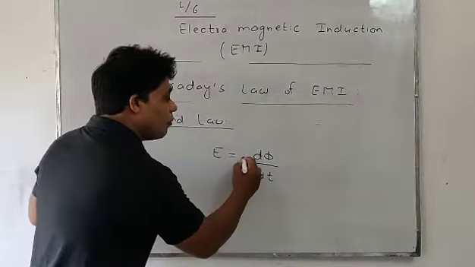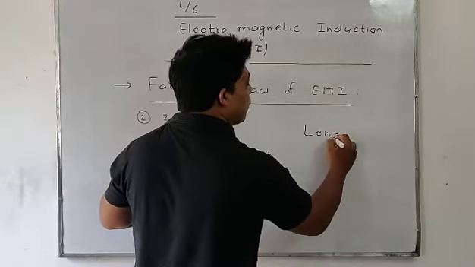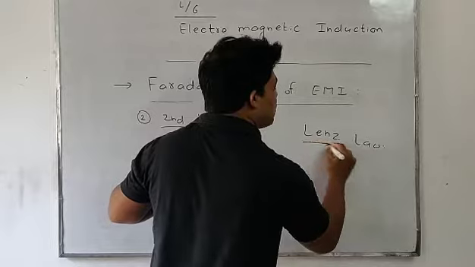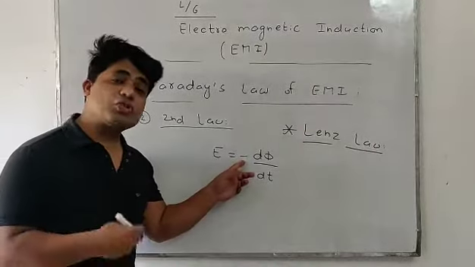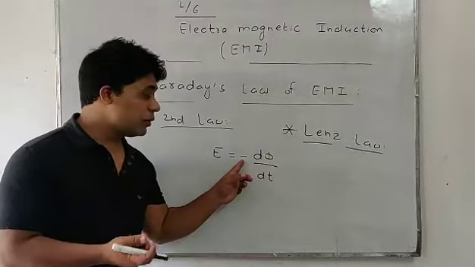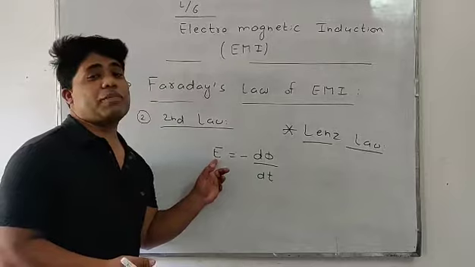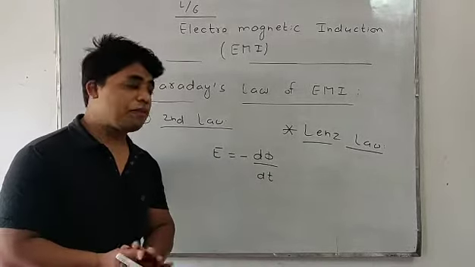And when we use the minus sign, that is said to be Lenz's law. What is the minus sign showing? According to Lenz, the minus sign shows that induced EMF always opposes the rate of change in flux.